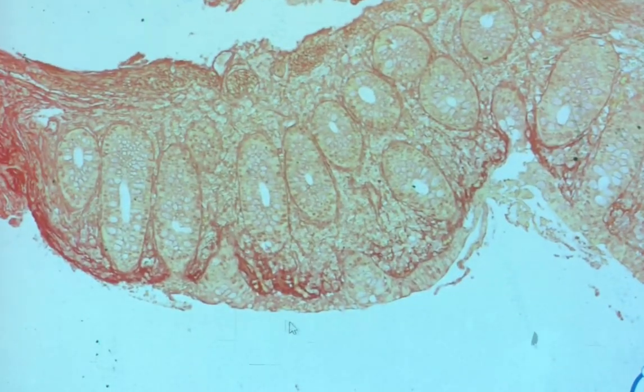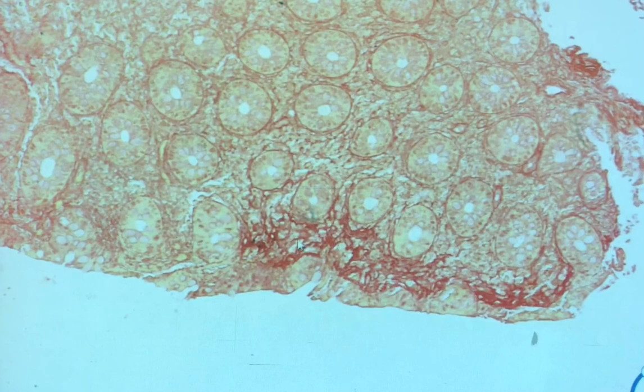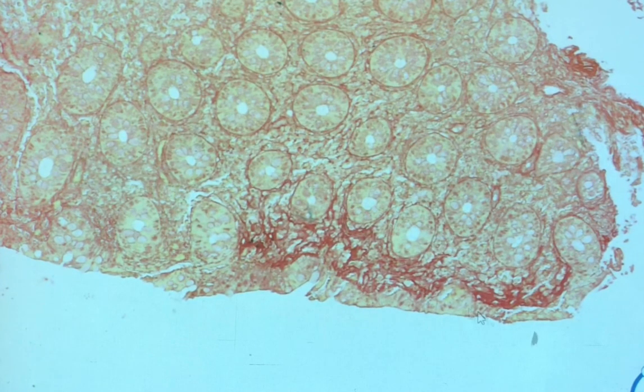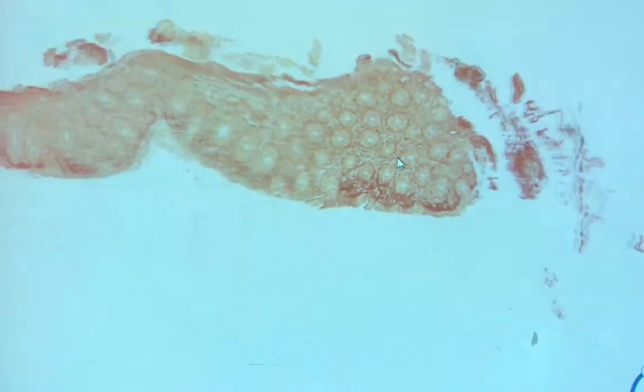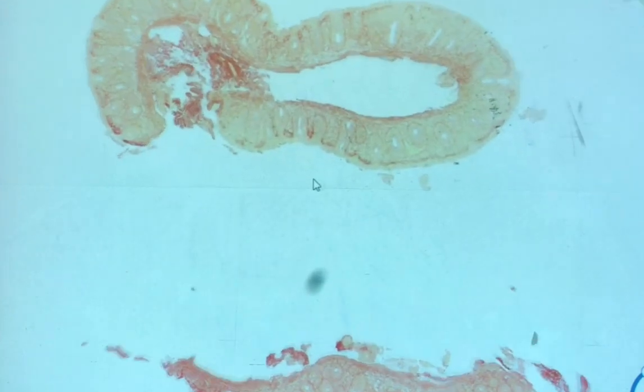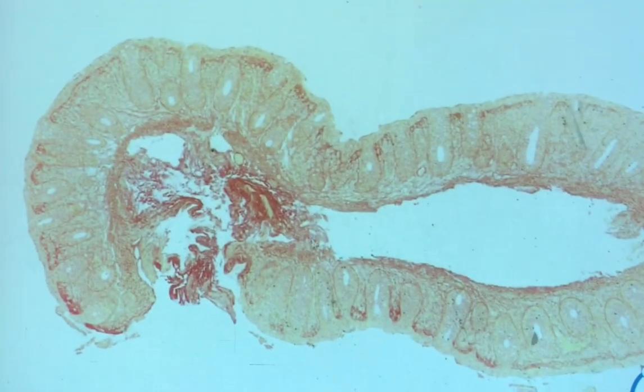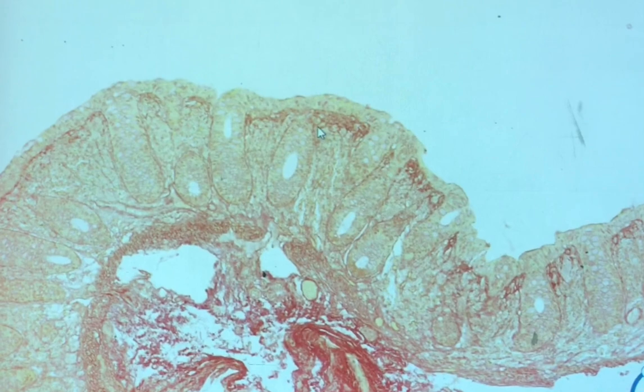Here we're upside down, so your epithelium is down here. But you can see how it's kind of irregular. This is a lot of collagen immediately underneath the epithelium. And again, just recapitulated over here.